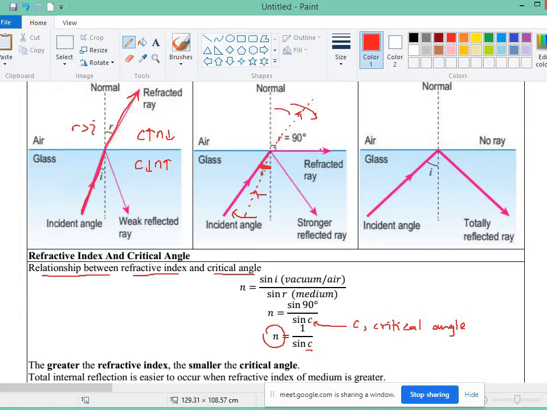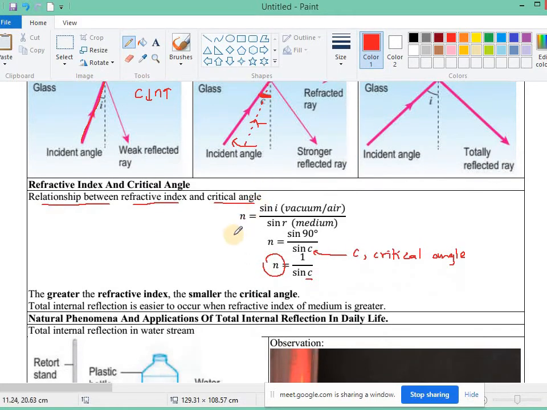So until now, we already know how many methods to calculate the refractive index of a medium. First, the original one: refractive index is the speed of light in vacuum or air over the speed of light in the medium.